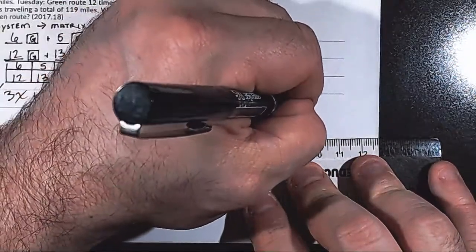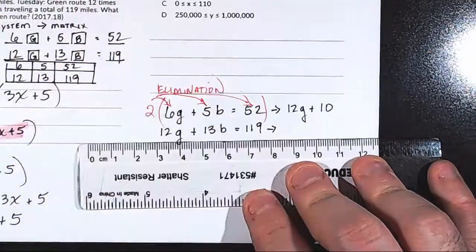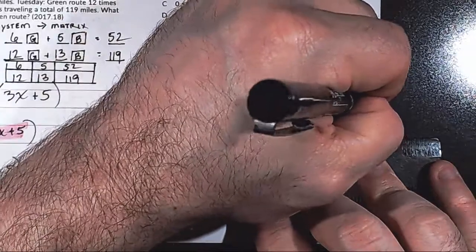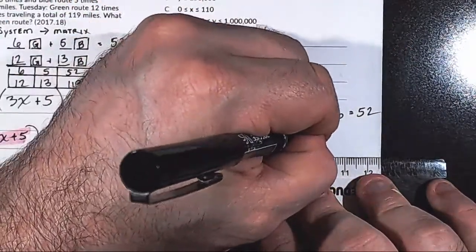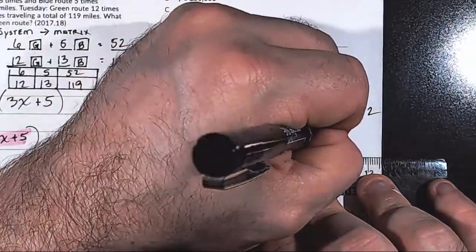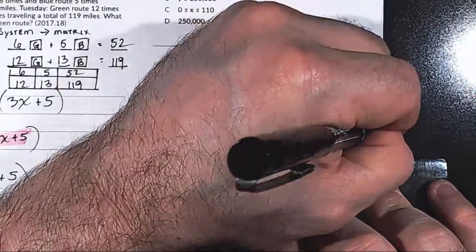I've got 12G plus 10B equals 52, and then 12G plus 13B equals 119.